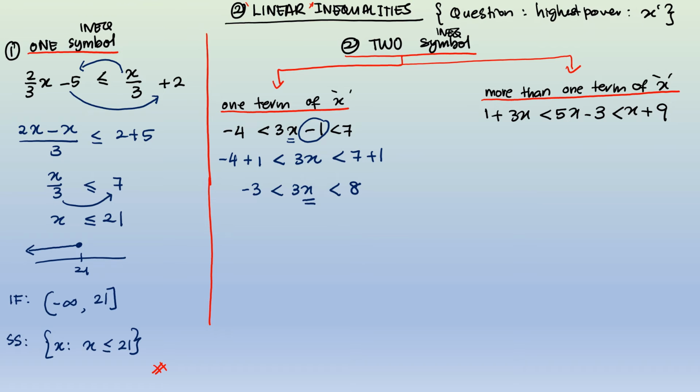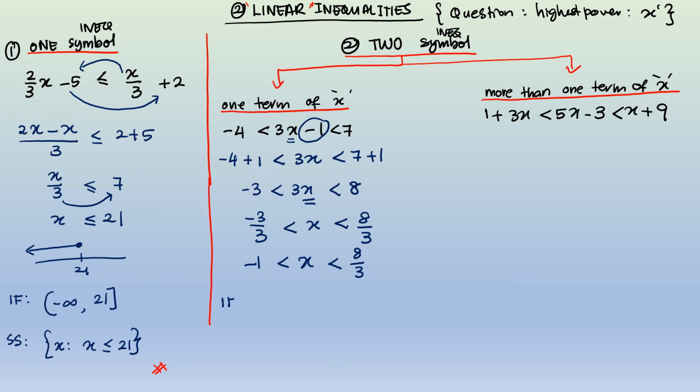We only want x, so that means you have to divide all terms by 3. Simplify it: x greater than -1 and less than 8 over 3. So this is our answer. Next, it's up to you which form to write it in.